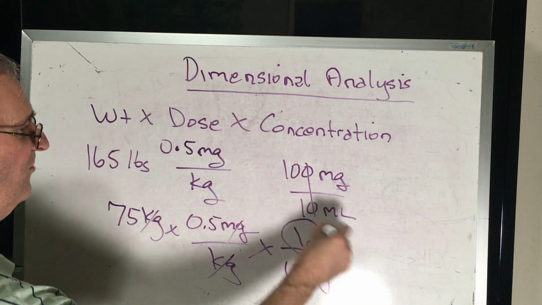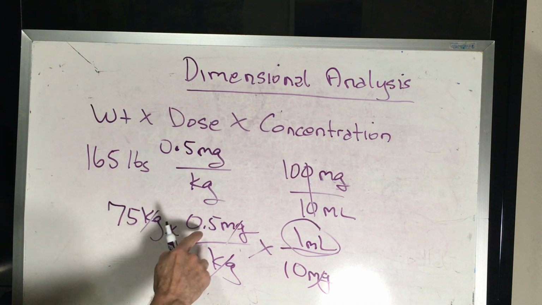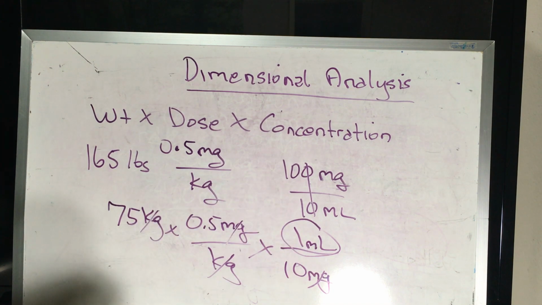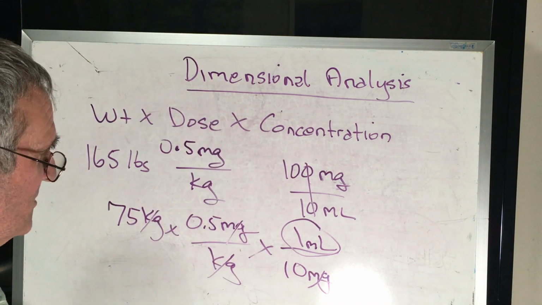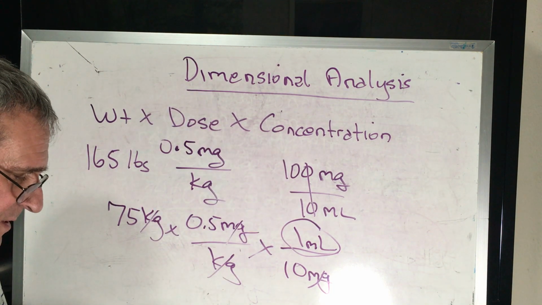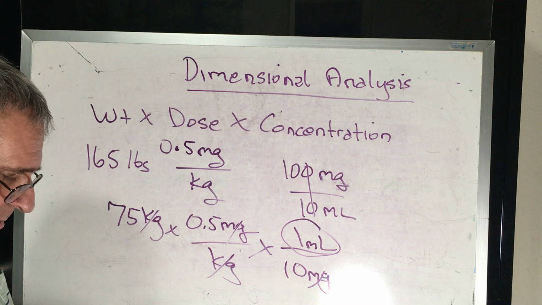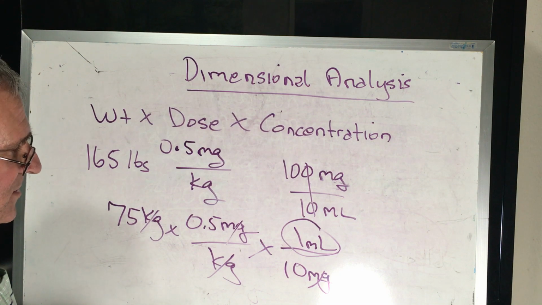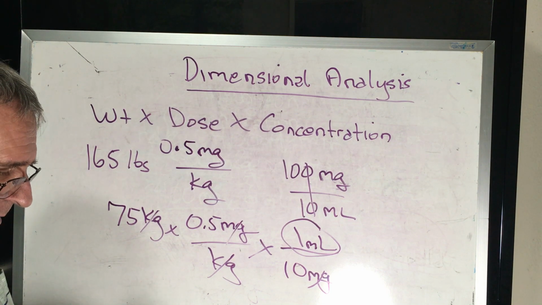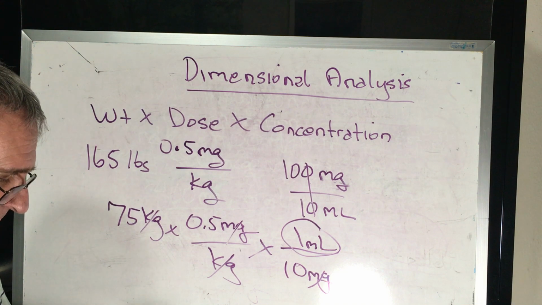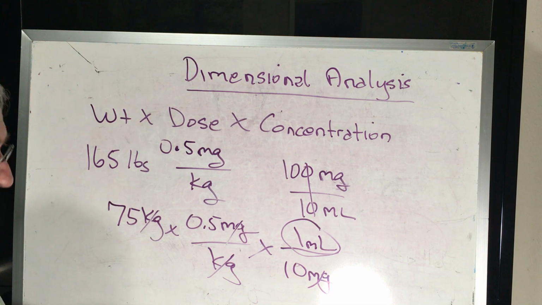The only unit I'm left with is milliliters, which is what I want. So this is going to be 75 times 0.5 times 1 divided by 10. Sounds bad, but it's set up right because my units cancel out. So that's going to be 75 times 0.5 divided by 10. That's going to be 3.75 milliliters.